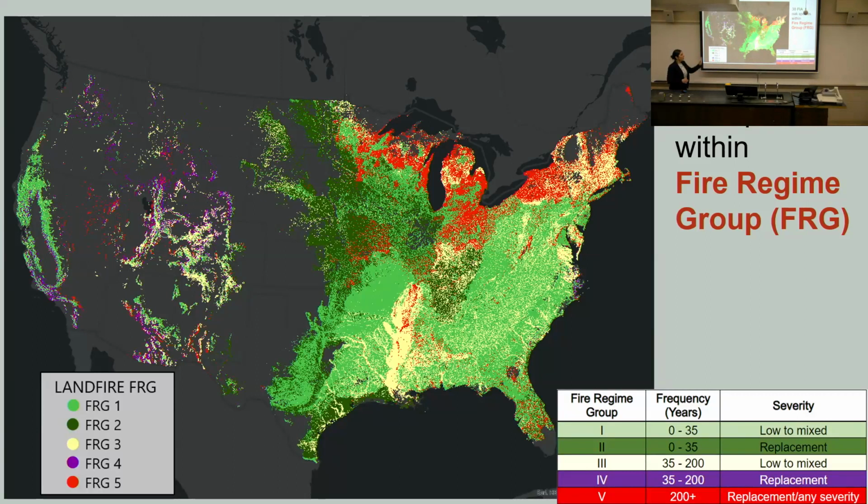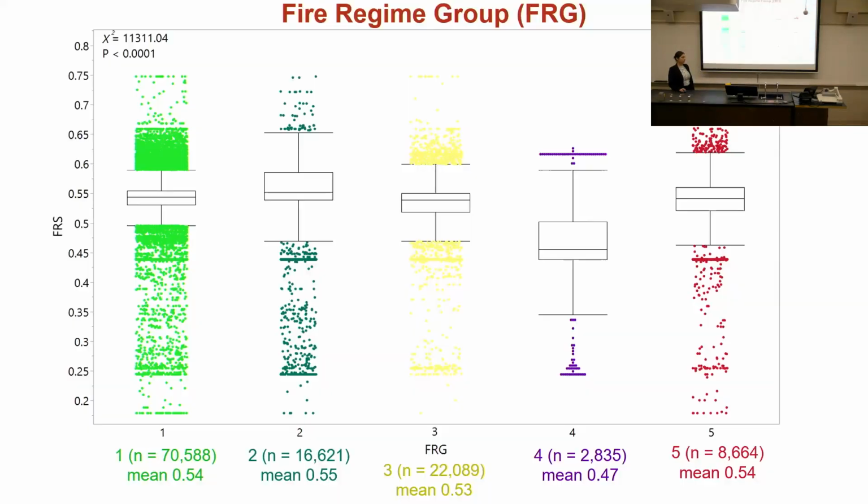So we took again a 1% random selection of this study area to further analyze our community weighted fire resistance scores with the fire regime groups that they occurred within. That gave us these results here. So on our X, we have those fire regime groups 1 through 5. And then on our Y, we have that fire resistance score, that community weighted value, shown here.